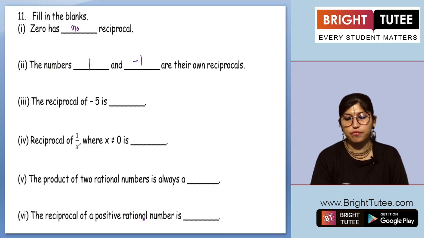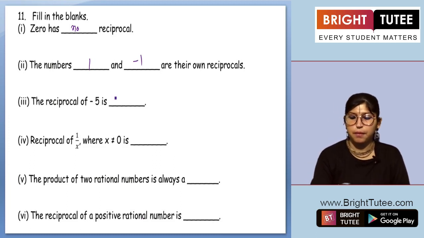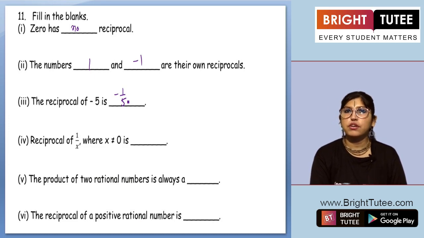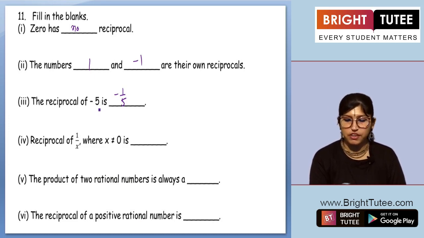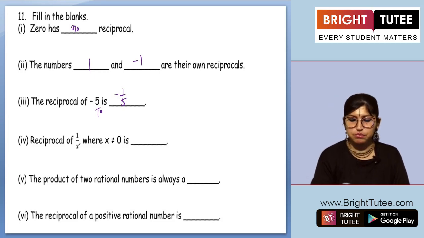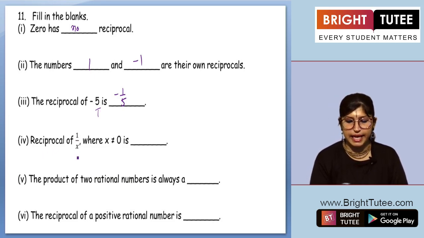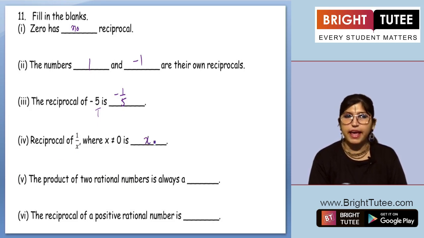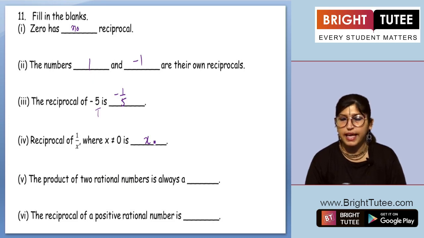Now the reciprocal of minus 5 is minus 1 by 5. We'll just be doing the opposite of it. So minus 5 by 1 will become minus 1 by 5. Now the reciprocal of 1 by x, where x is not equal to 0, is x. We'll just take the reciprocal of 1 by x, which will be equal to x.